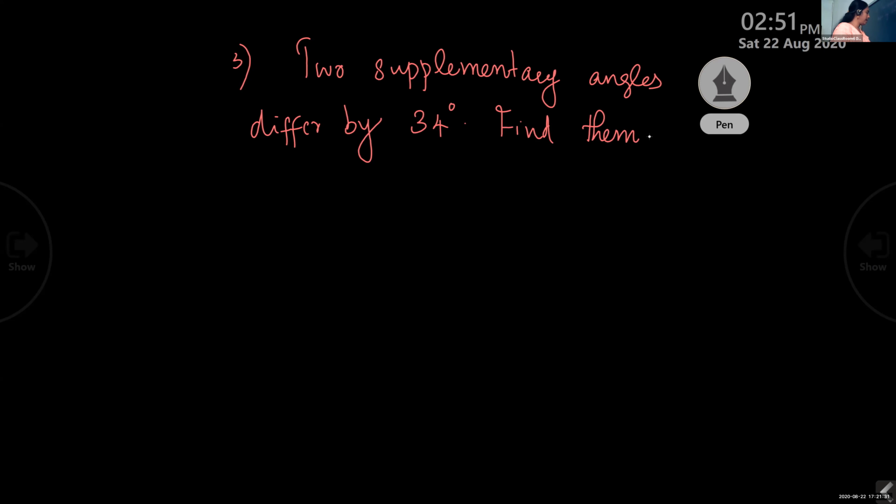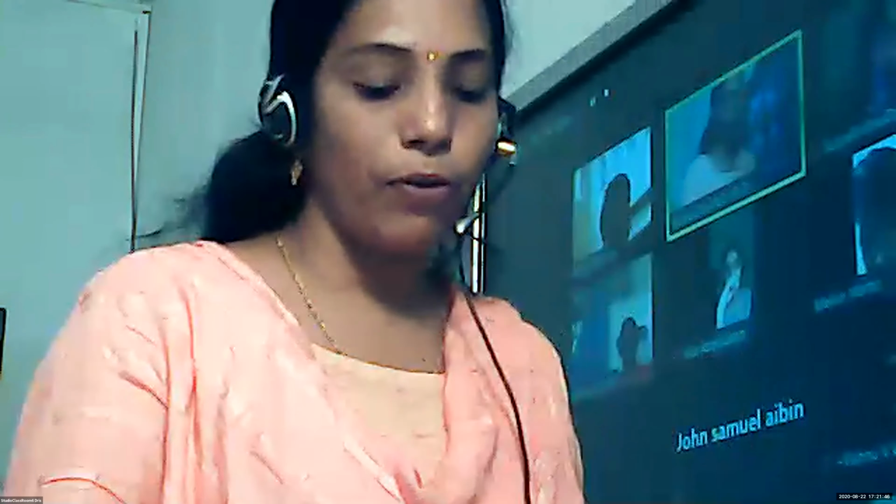Find them. There are two specialities. Supplementary angles means when you add, you will get 180, and the difference is given as 34. So find the answer.